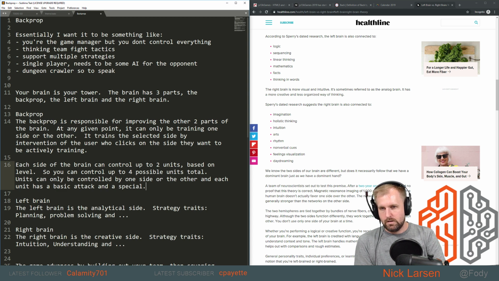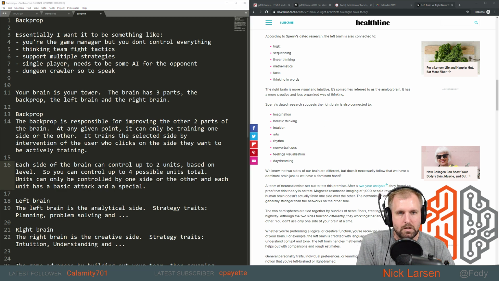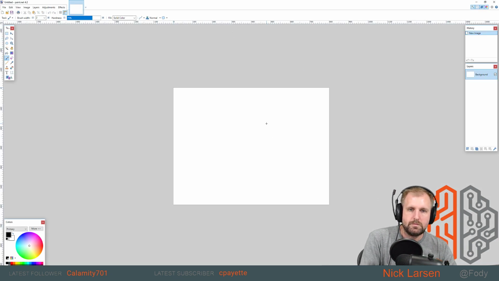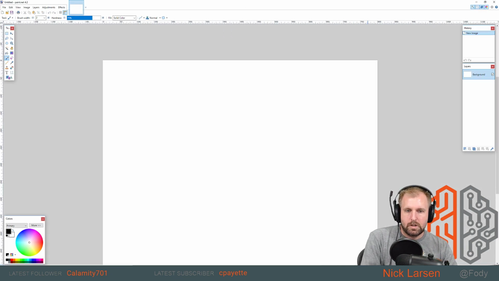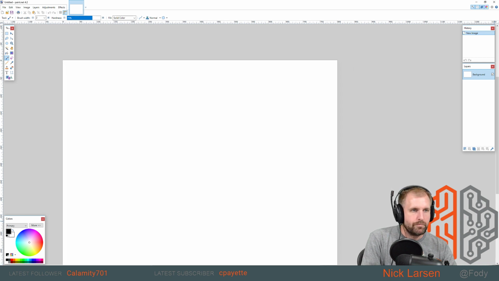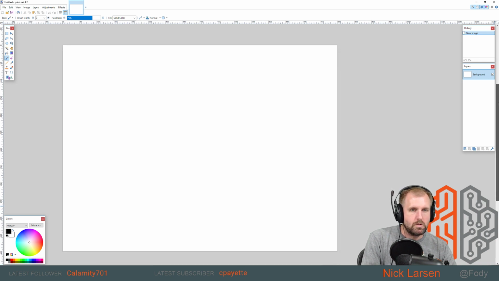Okay. Each side of the brain can control up to 2 units based on level, so you can control up to 4 possible units. All right, let's draw a picture of what I have in mind here.